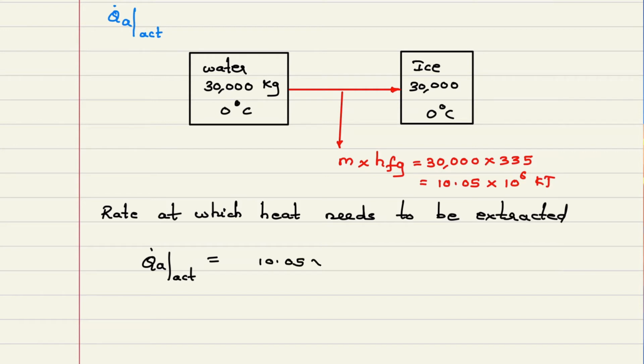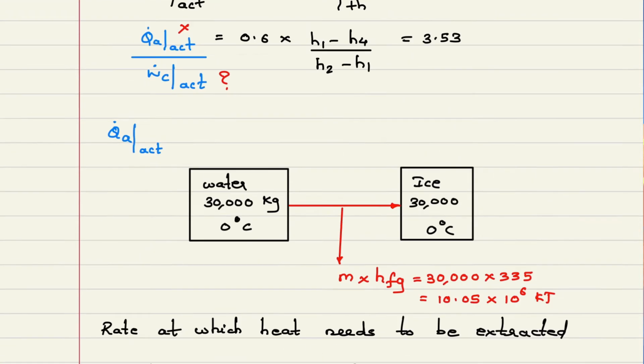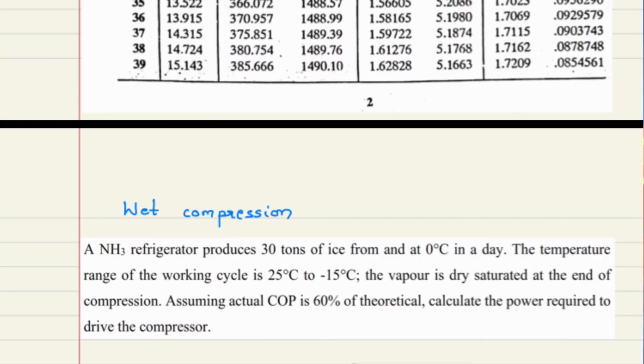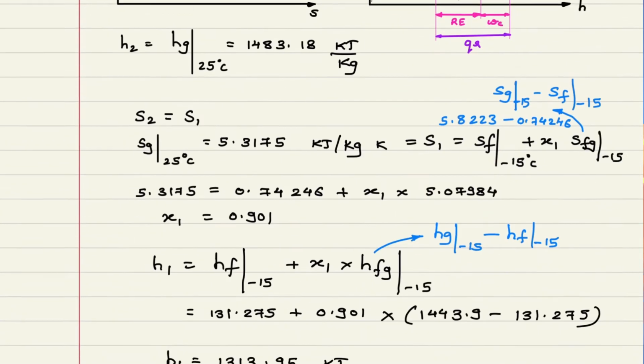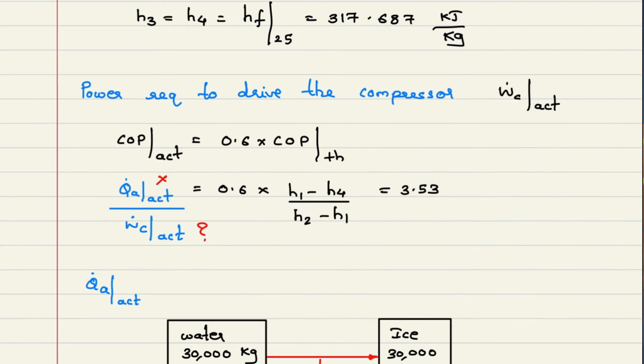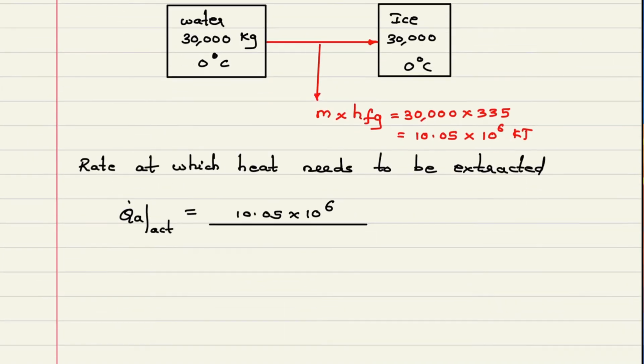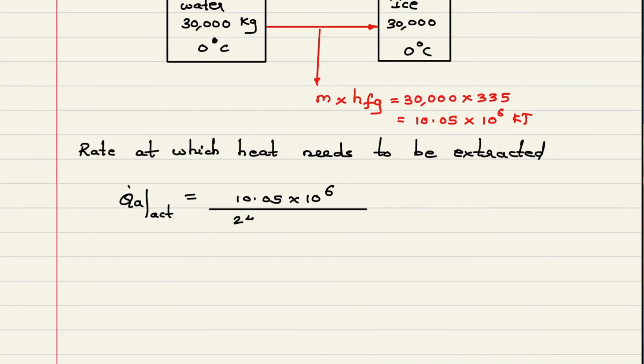10.05 into 10 raised to 6 divided by, what is the time period given in the question? In a day. So it will be 24 into 3600. So 24 hours, we have to convert it into seconds.